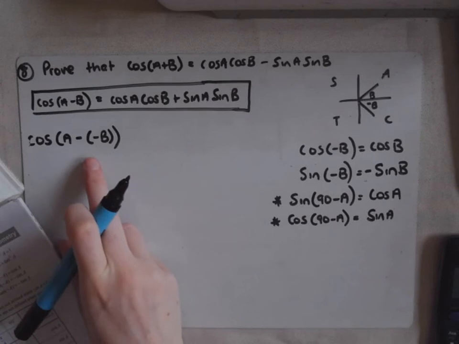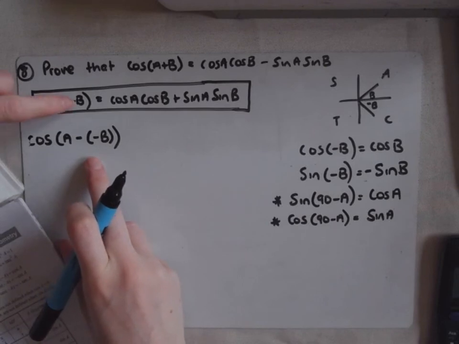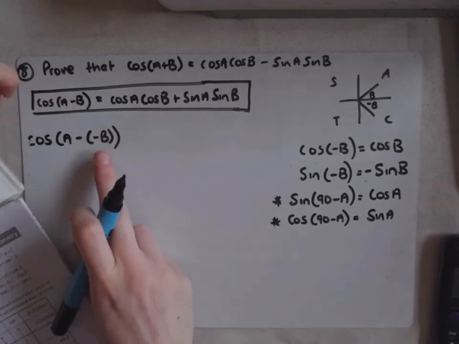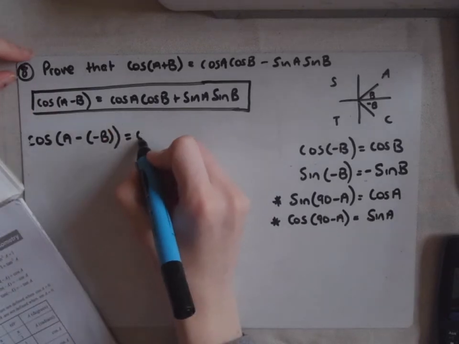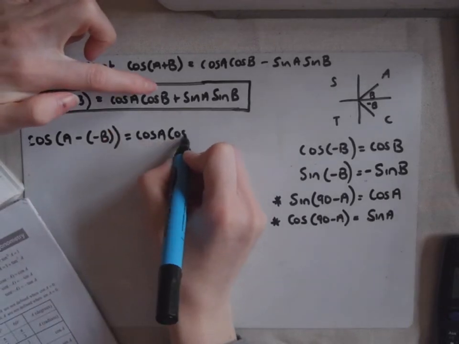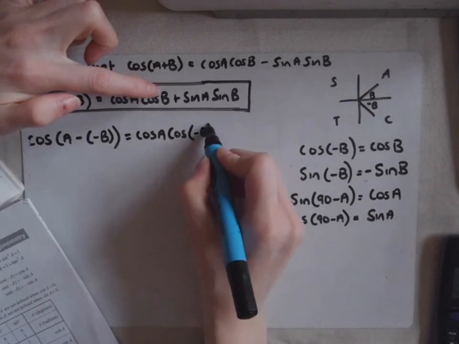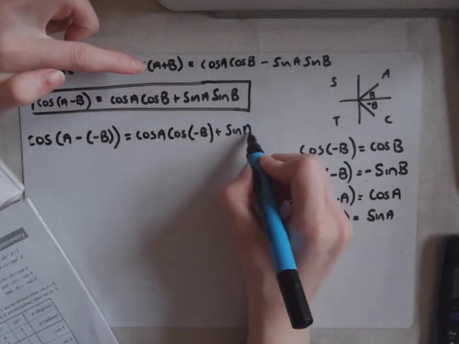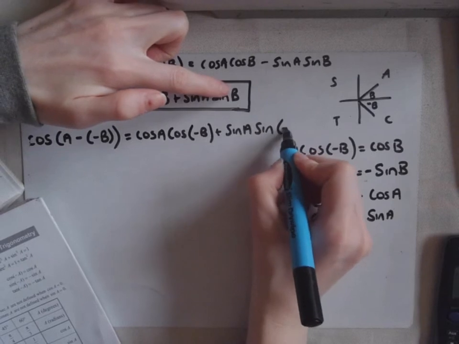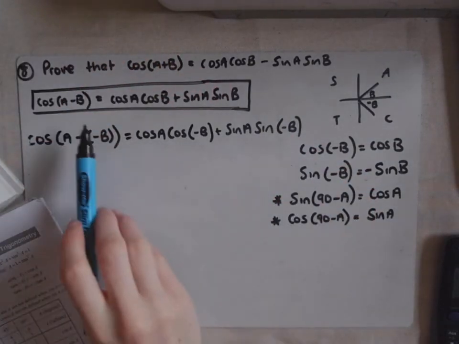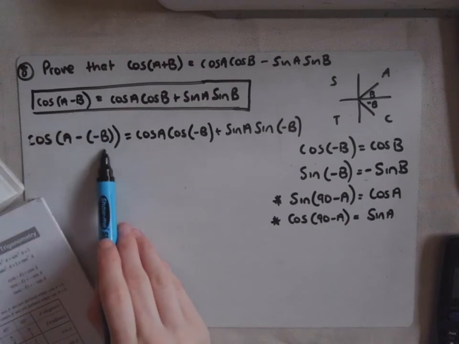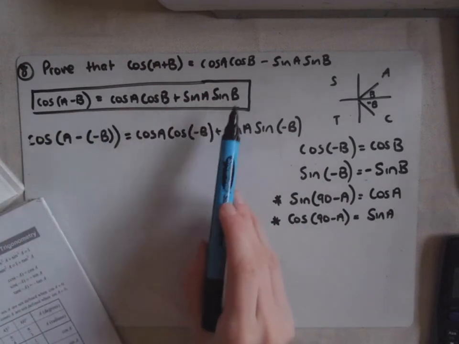So anywhere I have B in my formula, I'm replacing it with minus B. So cos of A, cos of minus B, and sine of A, sine of minus B. I replaced this B with minus B, so I'm going to replace every other B with minus B.